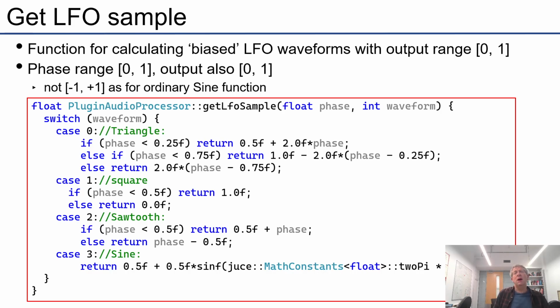What do we mean by biased? Well, our normal functions all have average values at 0. They're all symmetric around 0. But in this case, we can have a biased waveform like the ordinary sine function, which is essentially a function whose range is only from 0 to 1.